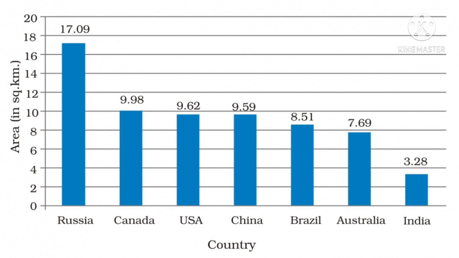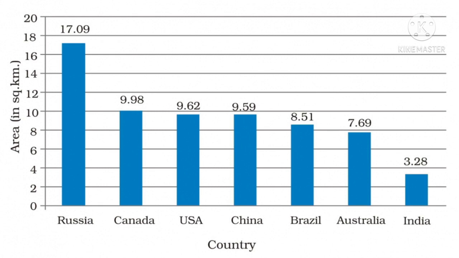If you see this bar graph, there are a total of 7 countries known as the largest countries of the world, and our country India is at the 7th place with a total area of 3.28 million square kilometers, which is after Australia.